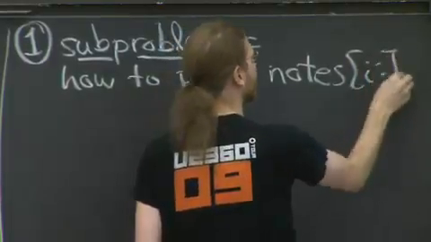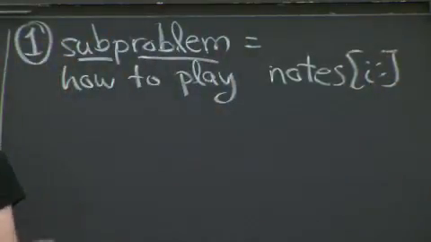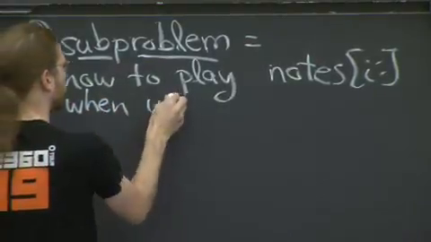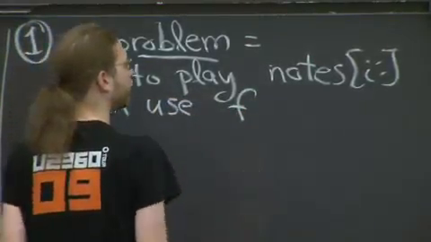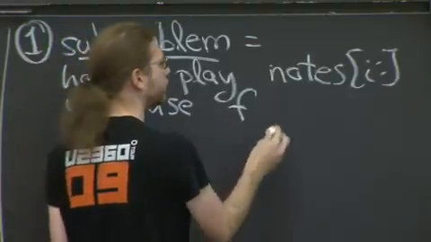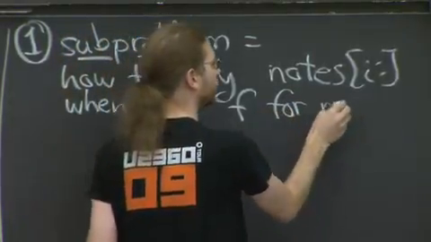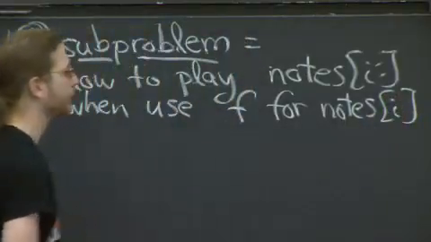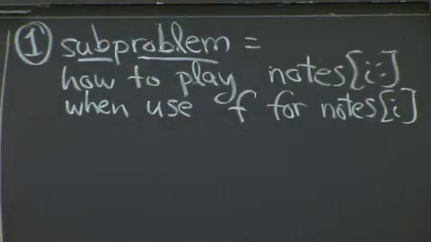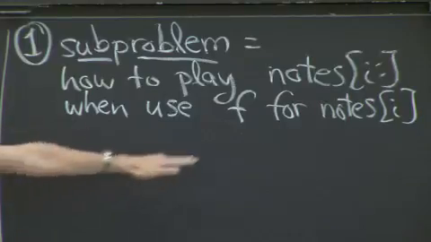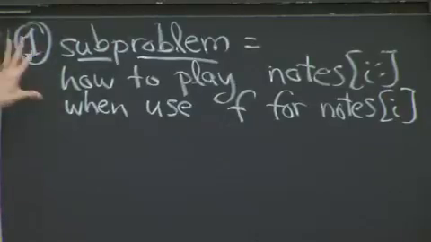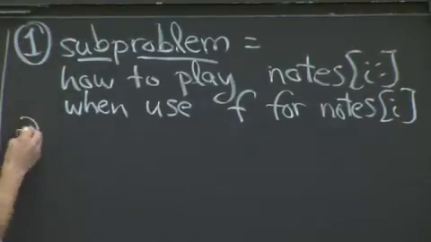We're still going to use that. But we're going to suppose we already know what finger to use for the first note, note I. This is a little weird, because we were guessing that before. Now we're just supposing someone tells us, use finger F for that note. This will work. That's the one I had in mind.